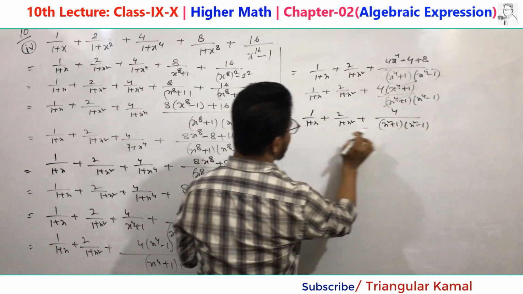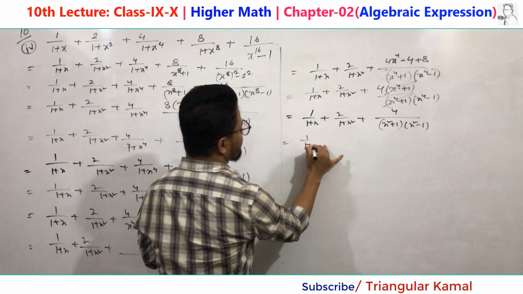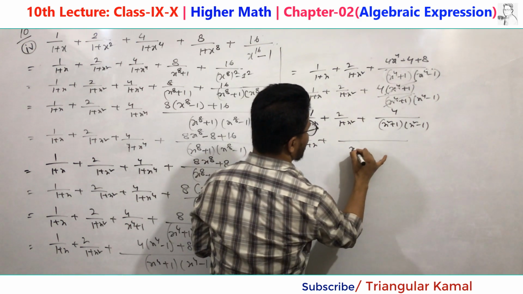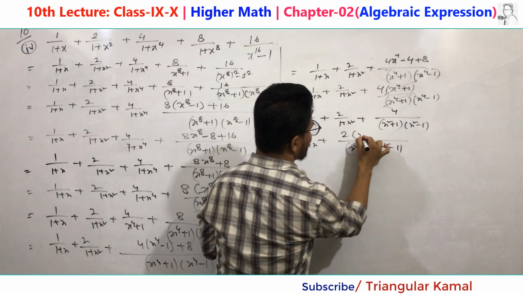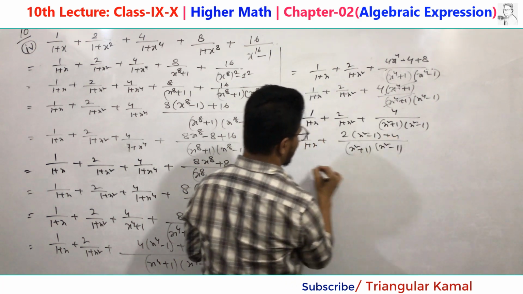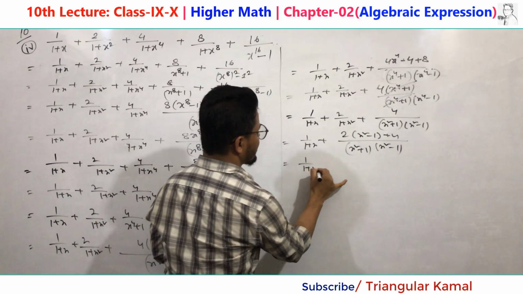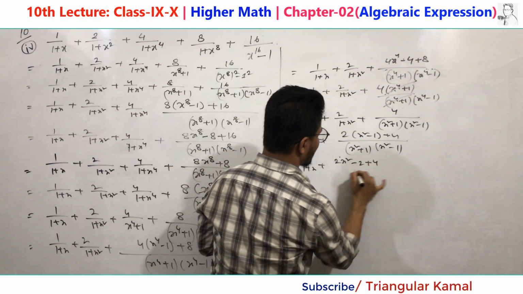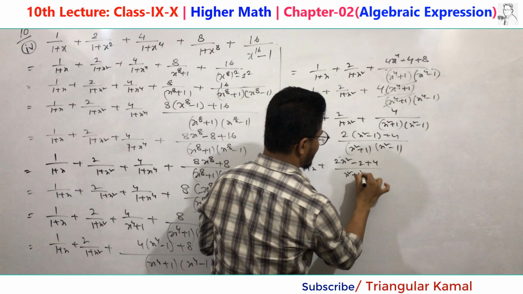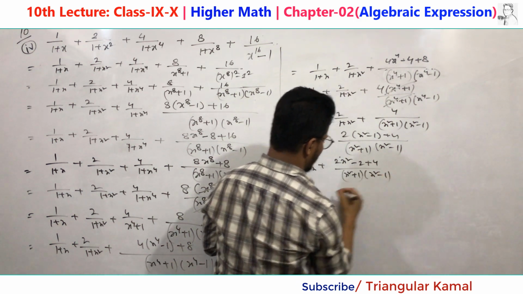Just now connect the third and second one. 1 by 1 plus x plus, taking here x square plus 1 into x square minus 1, then 2 times x square minus 1 plus 4. Then now 1 by 1 plus x plus 2x square minus 2 plus 4 divided by x square plus 1 into x square minus 1.